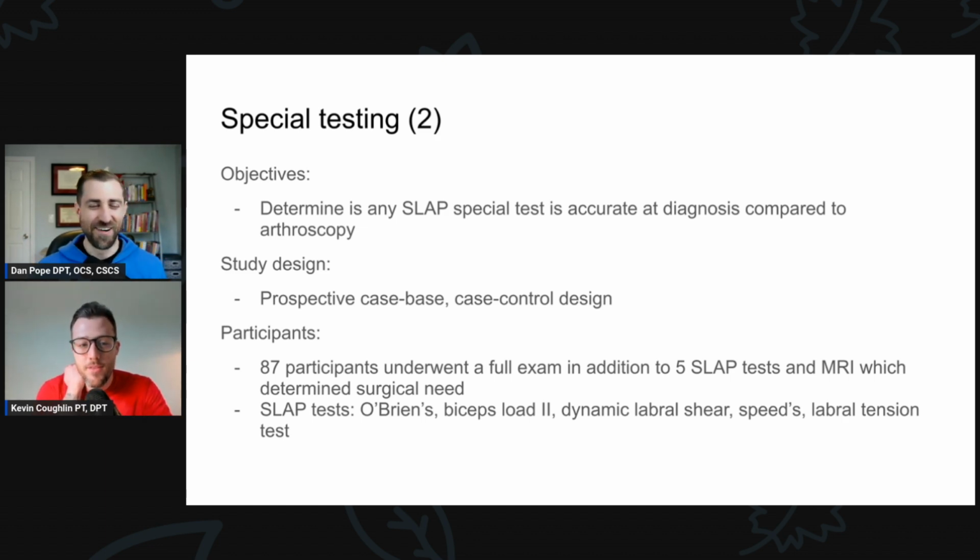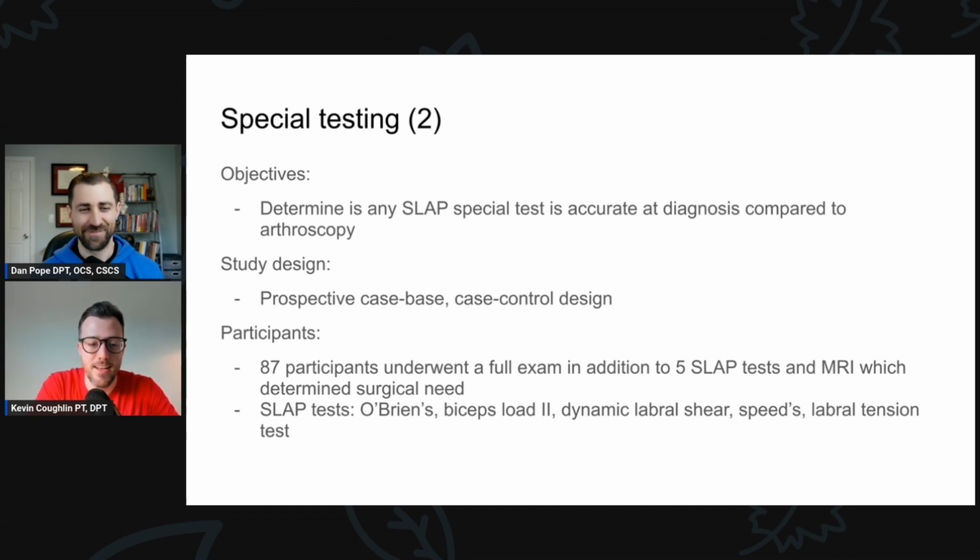All right, so in terms of the paper, the objective was to determine if any SLAP special test is accurate at the diagnosis compared to the gold standard, which for them was arthroscopy. The study design was a prospective, case-control design. Essentially, these patients were going into a clinic. They had to consent to a full evaluation and understand that they may undergo an arthroscopic surgery.